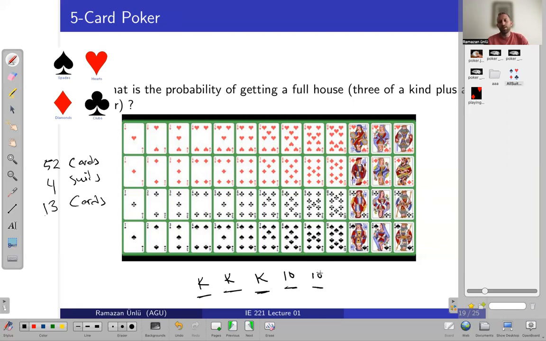This is just one example. This can also change, like 8, 8, 8, and 10, 10. So what is the probability of getting a full house in a poker game?